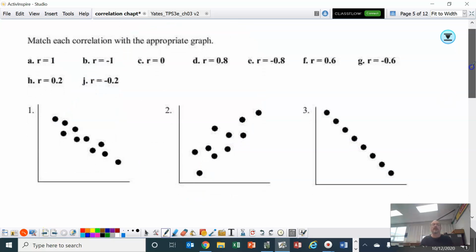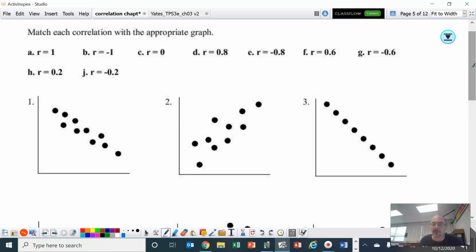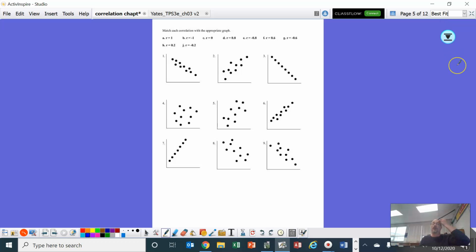All right, so here is a little matching game, or not a game, but a little matching here. It's kind of hard to do, but I'm going to make this a little bit smaller so that we can see the whole thing. I'm sorry if this is really small on your screen. All right, let me see if I can make it just a little bit bigger.